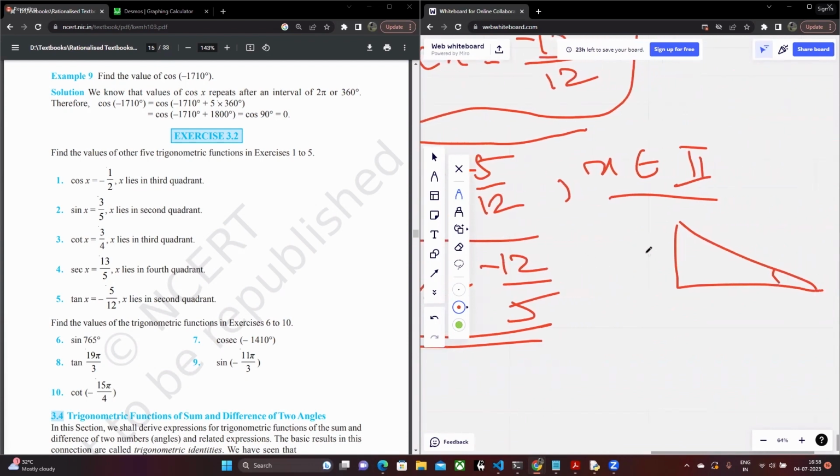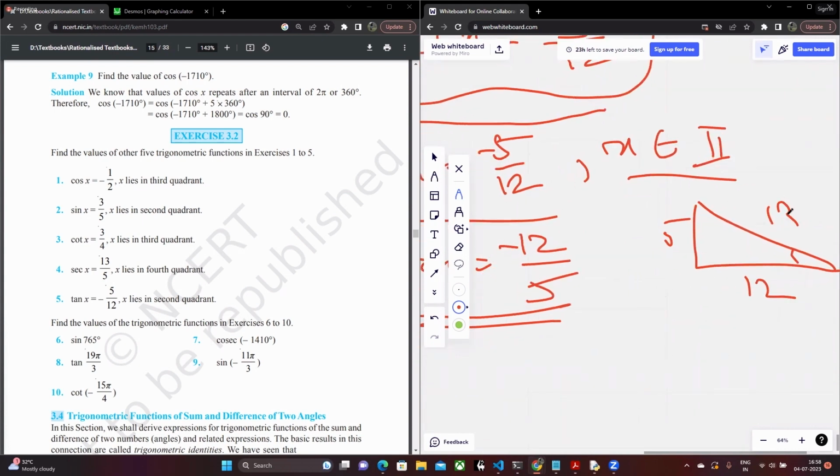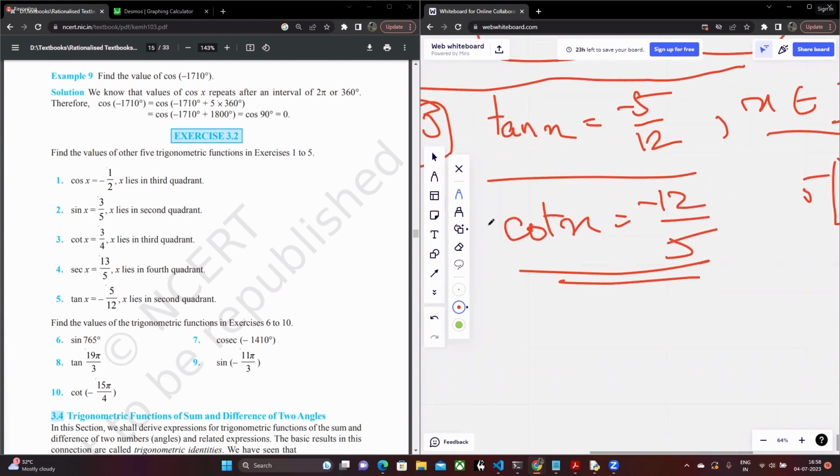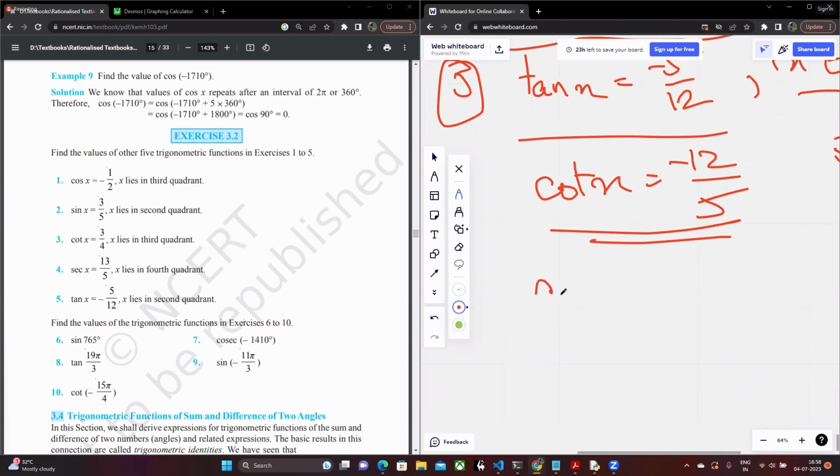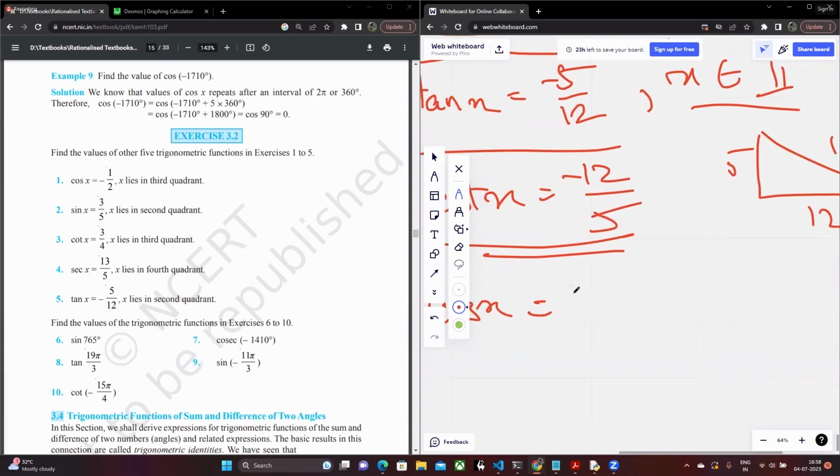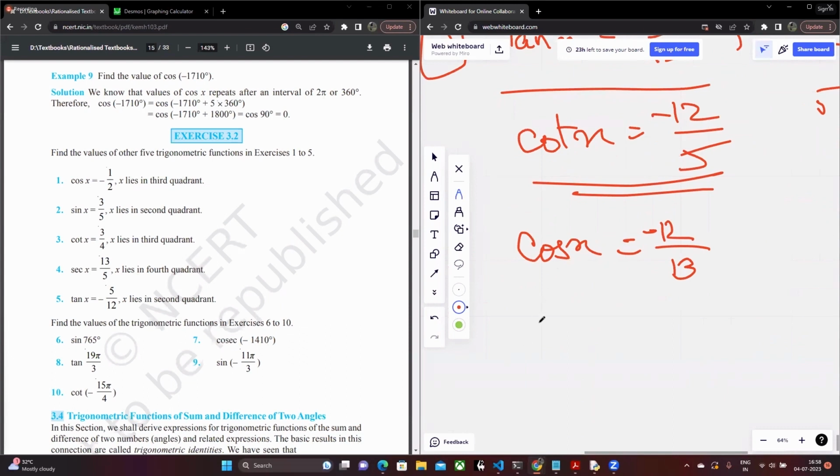That's it. So I'll take this to be 5, this to be 12, and this is 13 because sin is opposite by adjacent. This is 13, right? Since cot x is minus 12 by 5, that means that cos x is going to be equal to adjacent by hypotenuse, that is going to be 12 by 13. Since it's in the second quadrant, that means I have to add a minus, right?